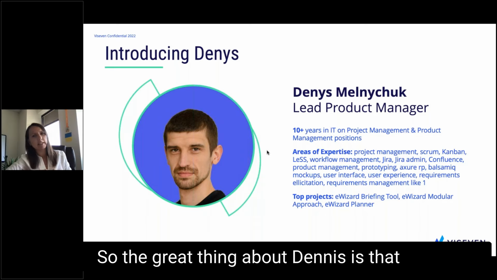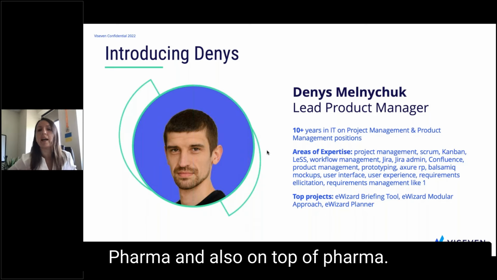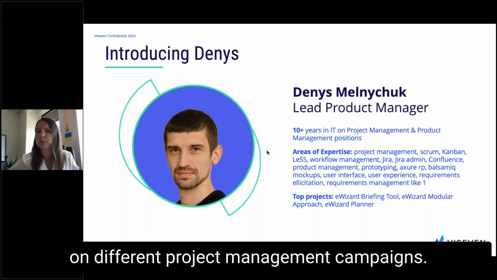So the great thing about Dennis is that he has more than 10 years experience in pharma and also on top of pharma, he was working a lot on different project management campaigns.